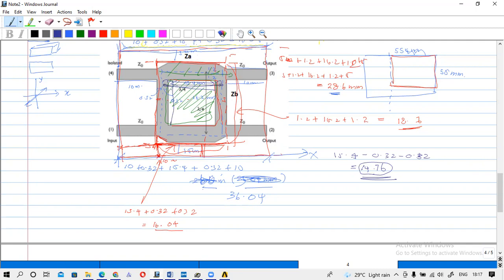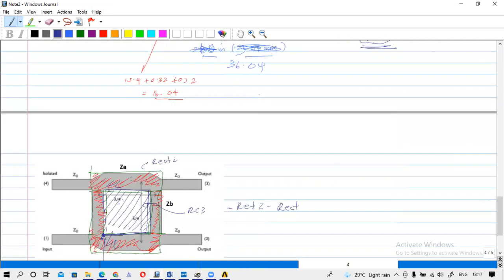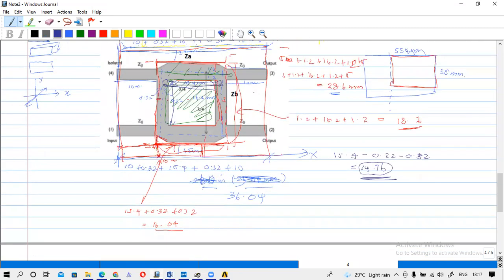And what is this value? So you can see that from here to here, this way, you have 16.4 millimeter, 16.2.